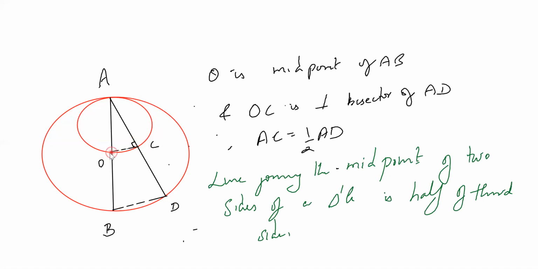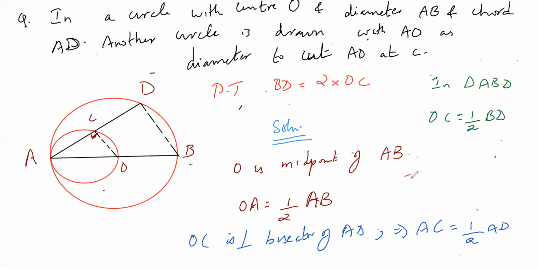So which means OC is equal to half BD according to this theorem. OC is equal to half BD. So BD is equal to 2 OC.